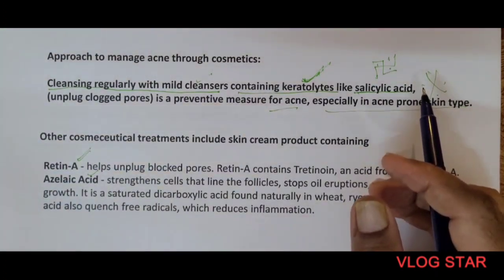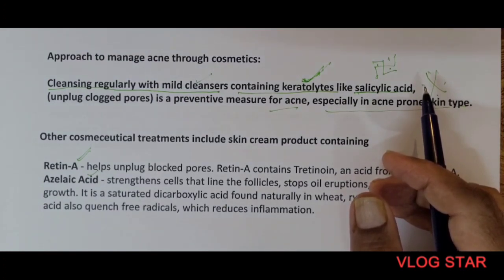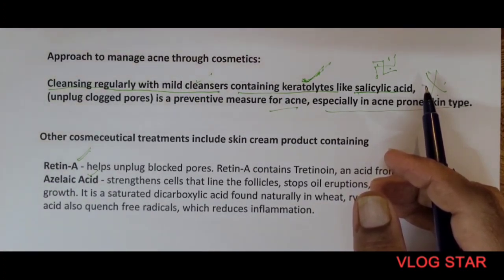See, when there is an excess production of sebum and the sebum flows freely out, you get oily skin, you will not get acne. Acne happens when sebum gets entrapped inside because of the hyperkeratinization of the sebaceous duct.